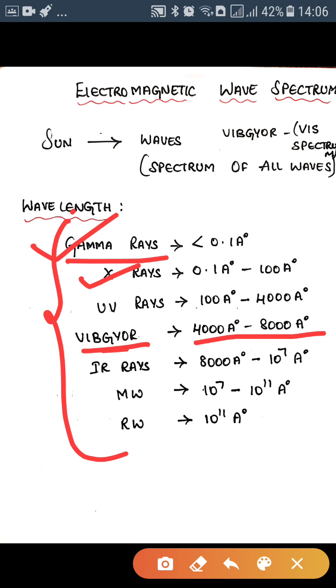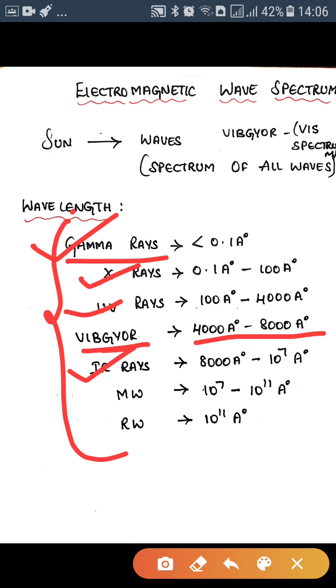What is meant by UV rays? UV rays are the ultraviolet rays which are mostly used to sterilize the material that is present in the hospitals or laboratories. Next, VIBGYOR is visible light, and IR rays are the rays that are formed between our TV and remote.